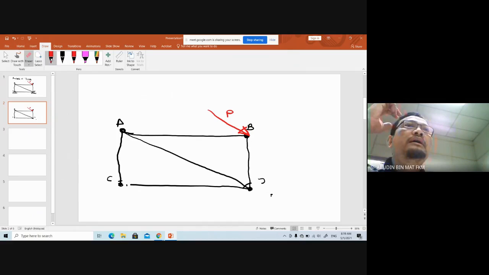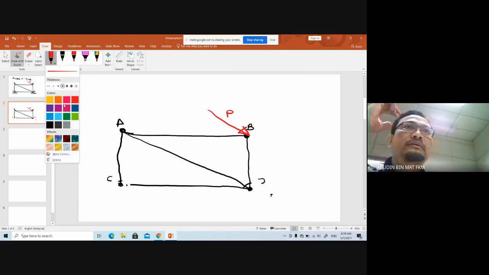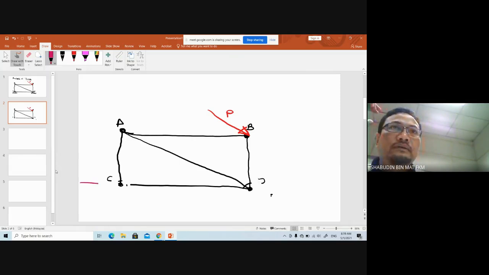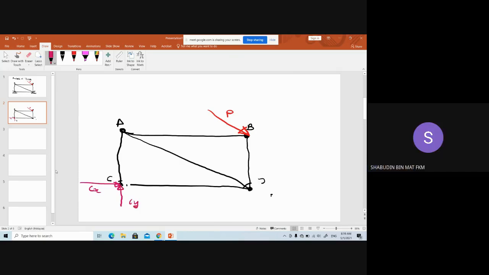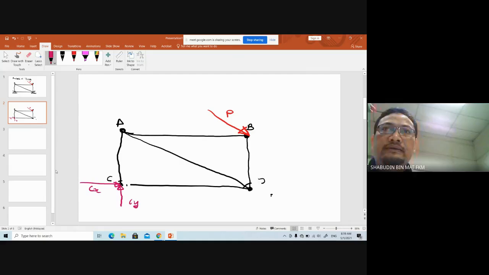So draw. You have CX, CY, and then what is here at point D? DY. Okay, this is point D. What to do now? You draw a free body diagram.